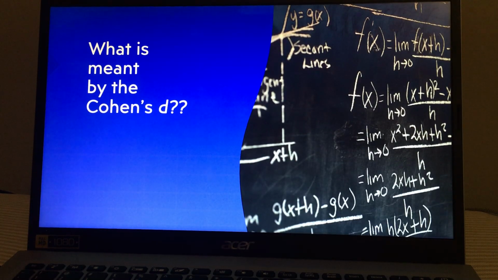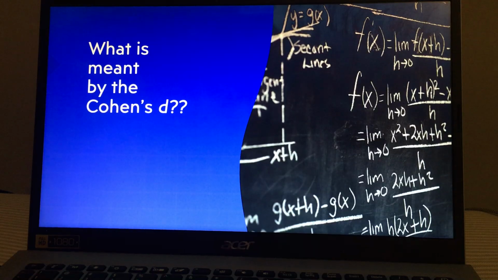So in summary, effect size is a crucial measure that complements statistical significance by quantifying the magnitude of the difference between your groups or your conditions. And Cohen's d is one of the most commonly used measures of effect size within psychological research, providing a standardized way to interpret the practical significance of your findings.